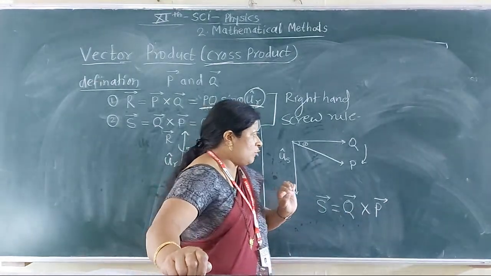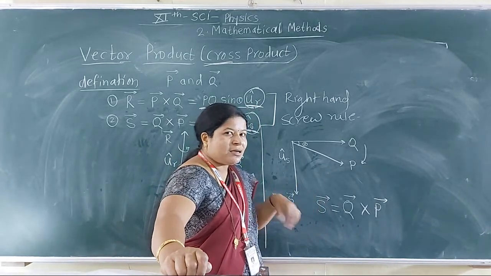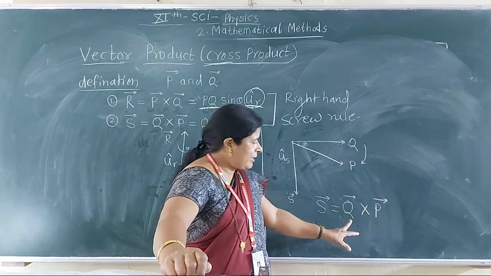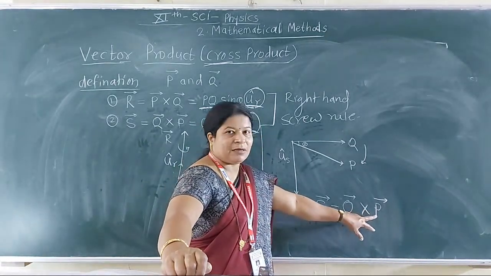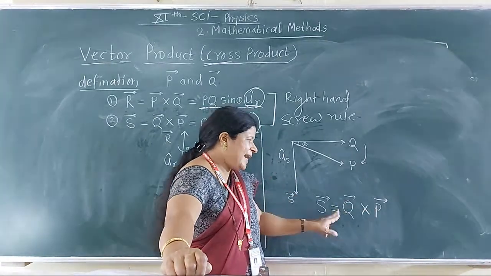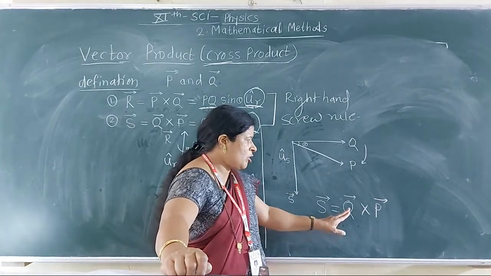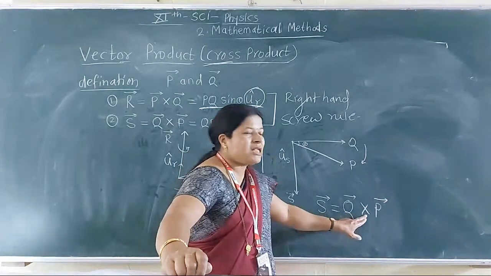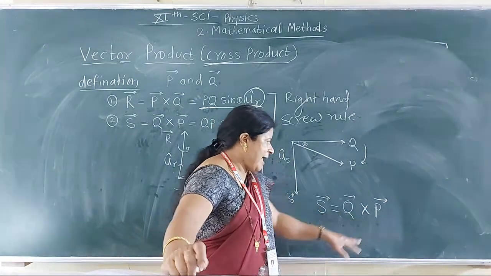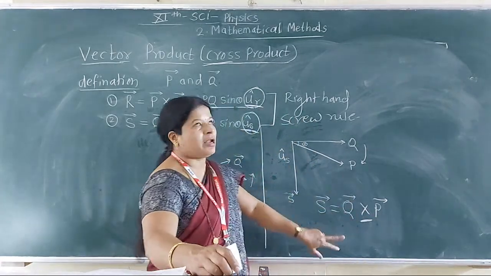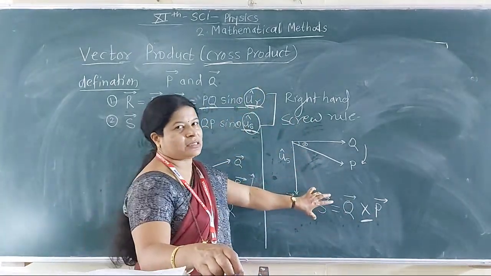Remember carefully, students, here we cannot read it as vector q dot vector p. We read this result as vector s is equal to vector q cross vector p, and this multiplication gives the cross product between two vectors.